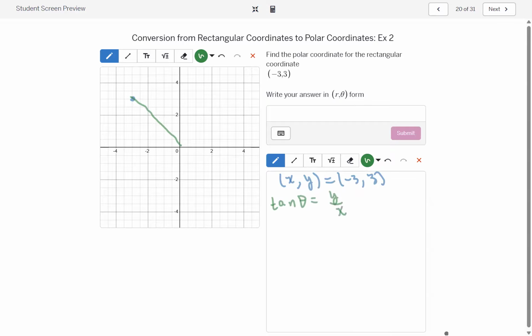The tangent of theta is y over x. So the inverse tangent of negative 1 is negative pi over 4.